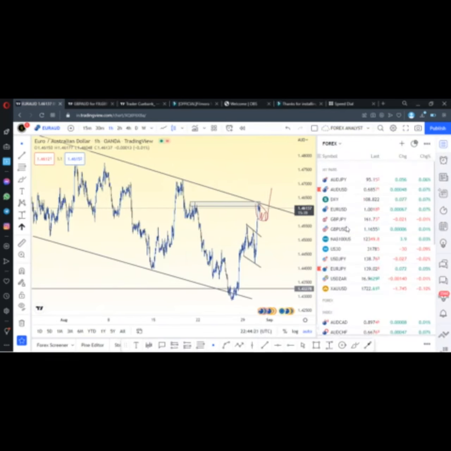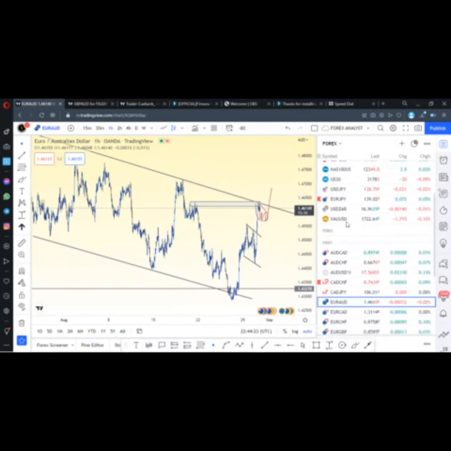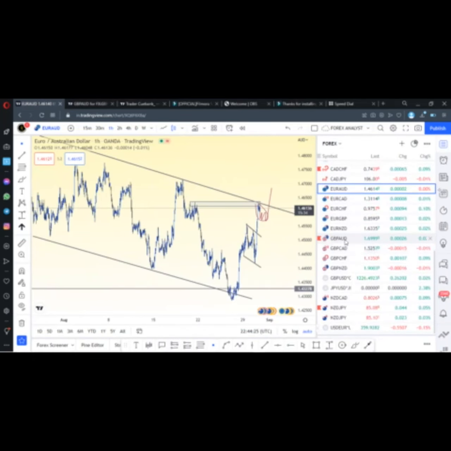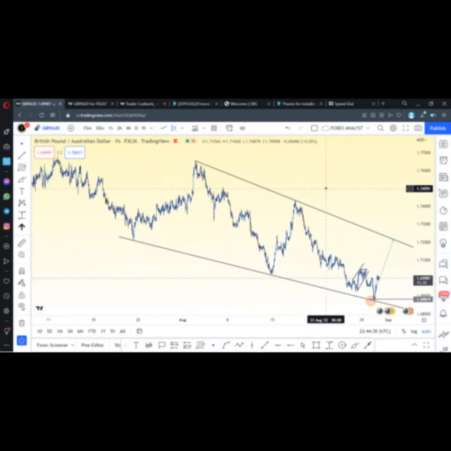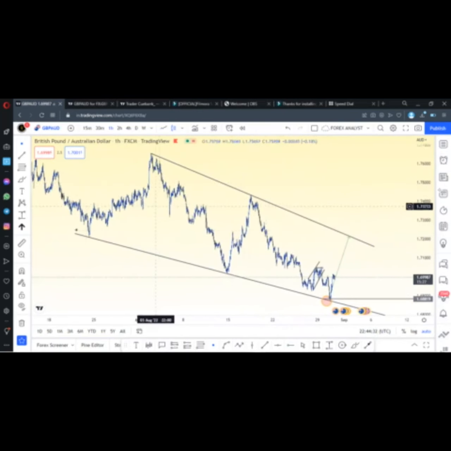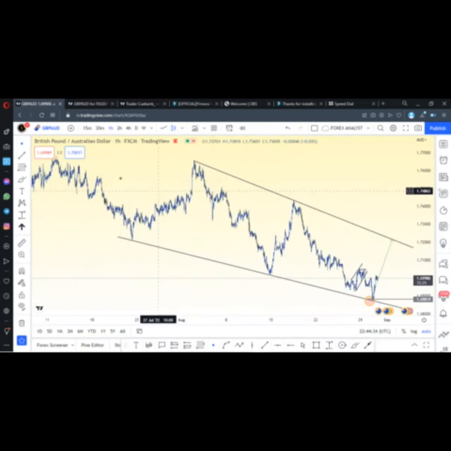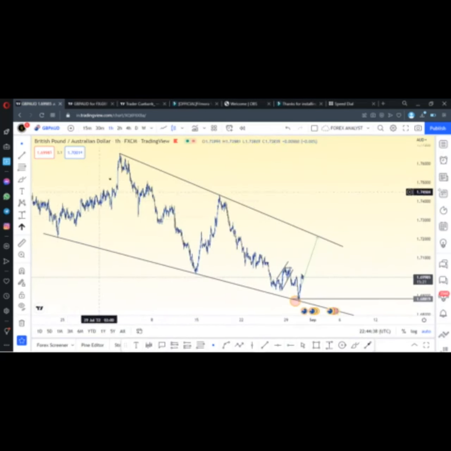Let's look at the GBP AUD. So yeah, we can see it came into this structure, started trading in a structure, right? We got our first touch, the second touch, the third touch.